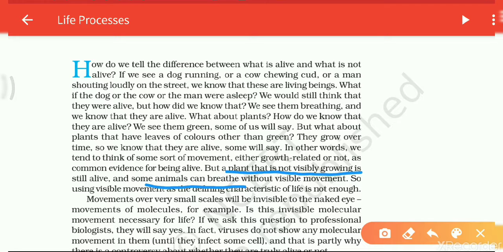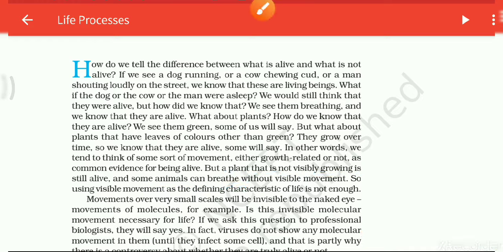There are lots of points which can describe that this organism is alive, like movement, breathing, respiration, excretion. On the basis of all these points, we can say that this organism is alive. So using visible movement as a defining characteristic of life is not enough.